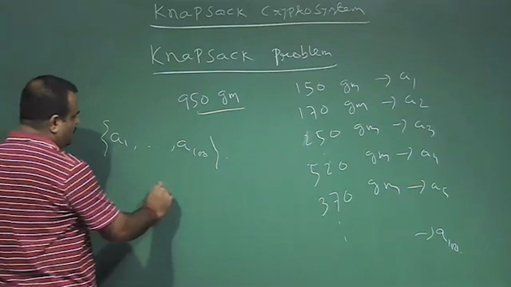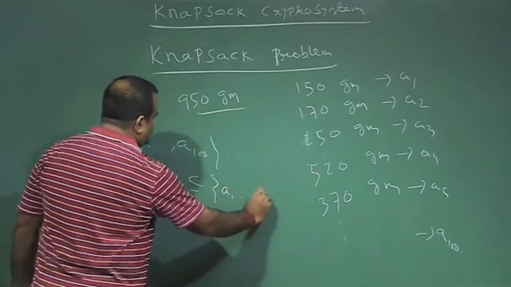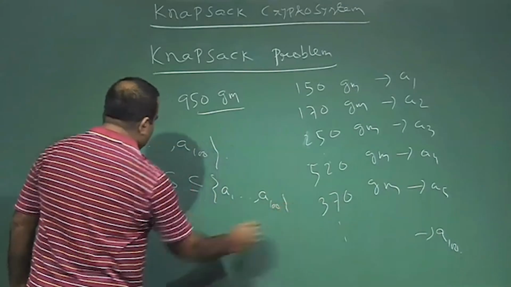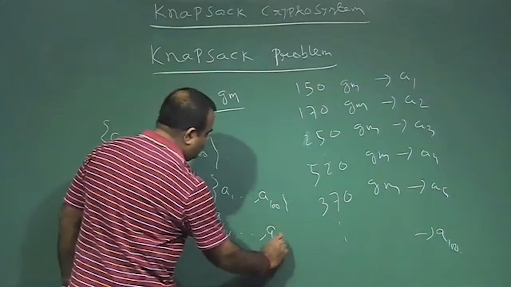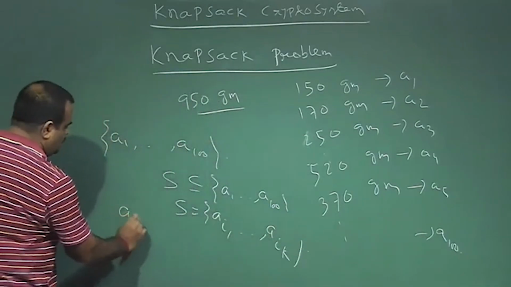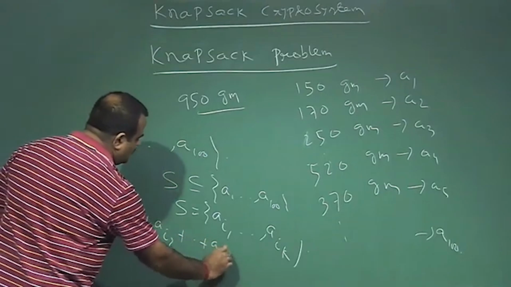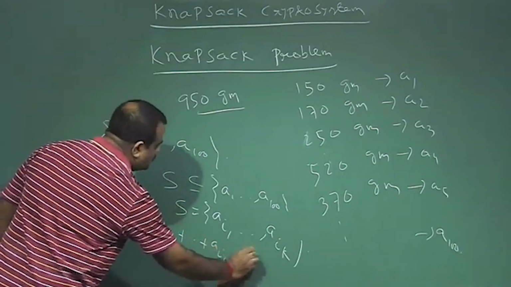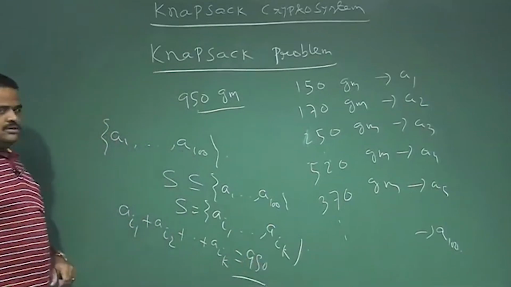Among this, you need to find a subset, say S, which could be A_i1, so there are k apples such that the summation A_i1 plus A_i2 up to A_ik is 950. So that is the problem.